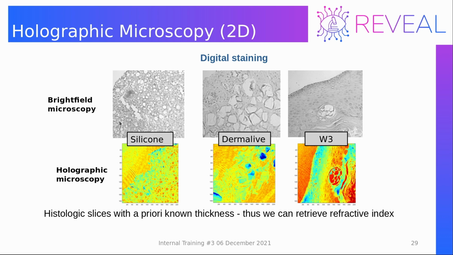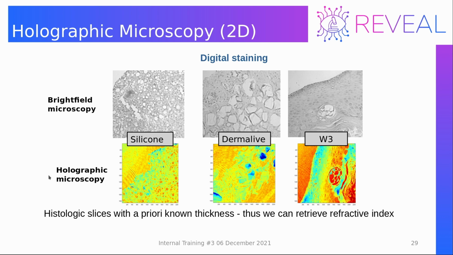So we took 3 histological slices from 3 patients that had different fillers. As you can see, when you look at these with bright field microscopy, you cannot identify which filler is which, because they all are just gray structures in these images.